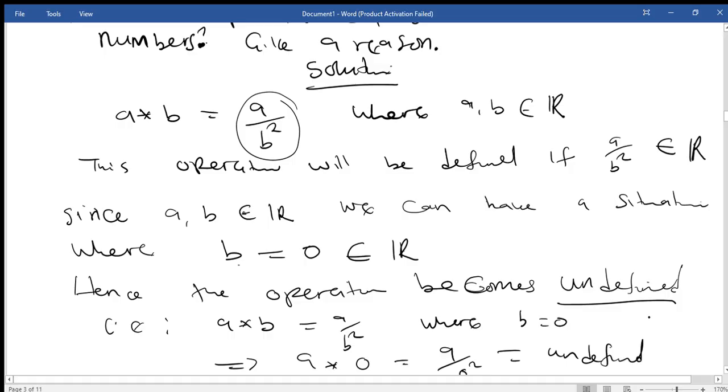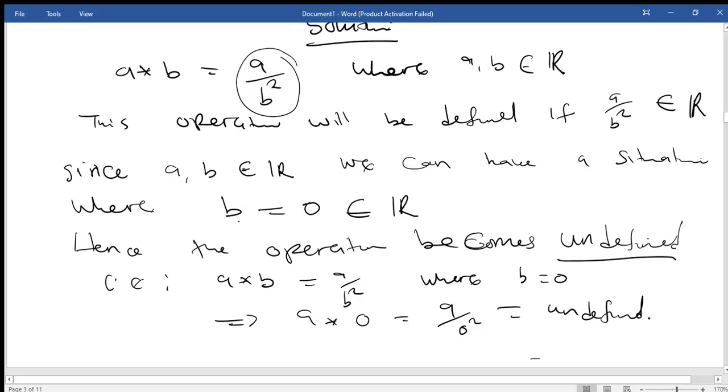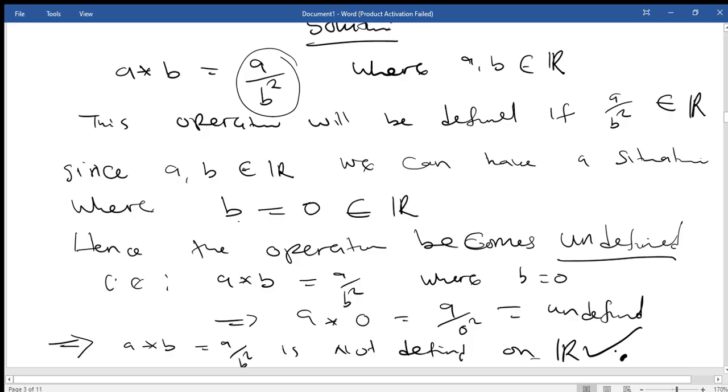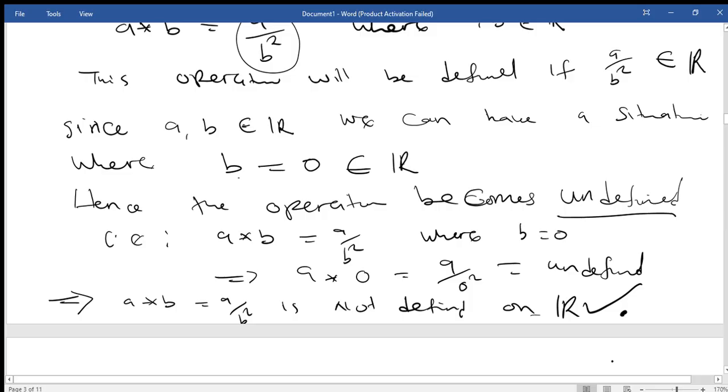And if this is undefined, this implies that A star B equals A over B squared is not defined on real numbers, and you're done. So this is not defined on real numbers because there exists a certain case where the outcome is not part of the set.